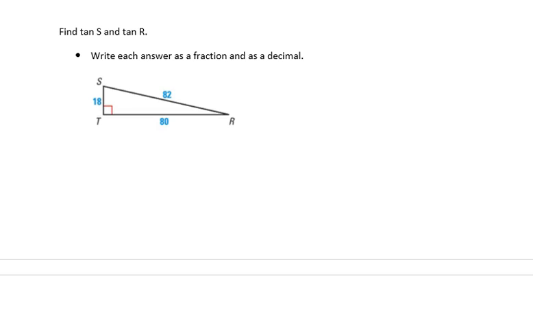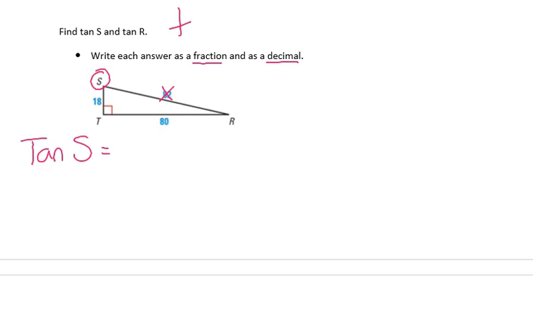Find the tan ratio of S and R as a fraction and as a decimal. So you're going to need a calculator for this. So we're going to start with S. So we're looking for tan S. So we always put our angle right next to the tan. In this case, it's S. So remember, we're not using the hypotenuse in the tan ratio, so I don't need to worry about that.